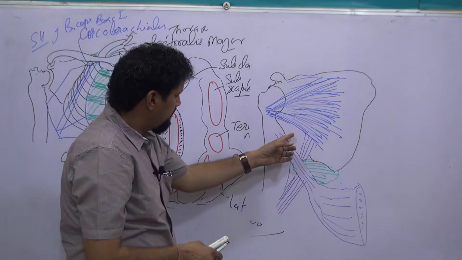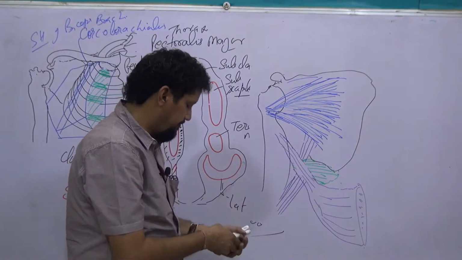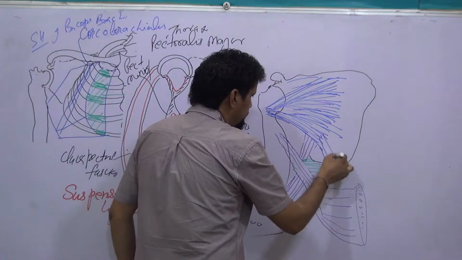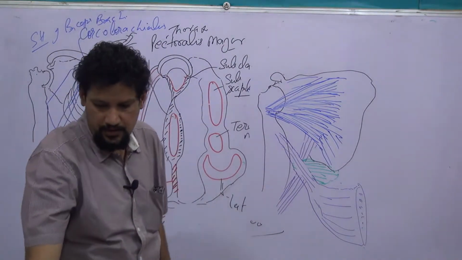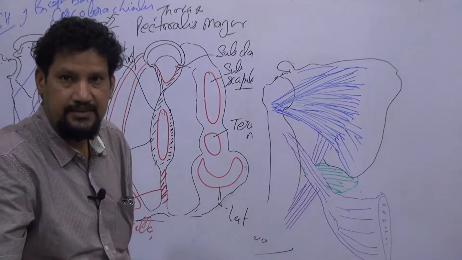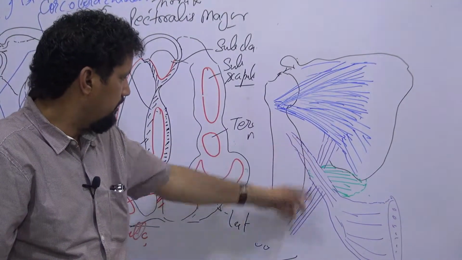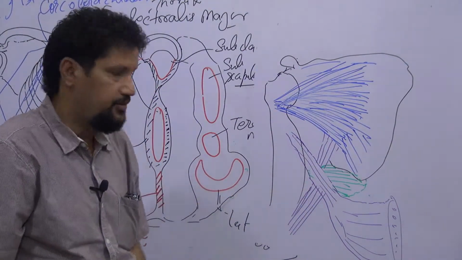So a quadrangular and two triangular gaps are formed here. When we see this diagram carefully, one quadrangular and two triangular spaces are formed.